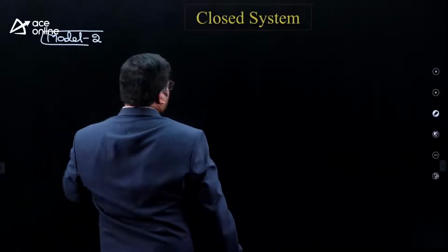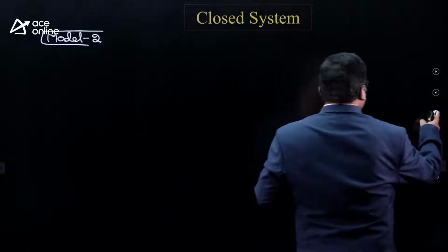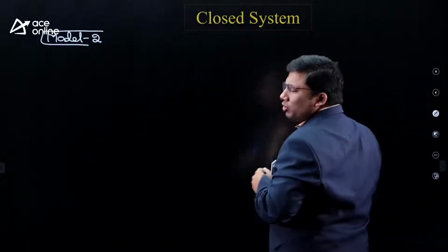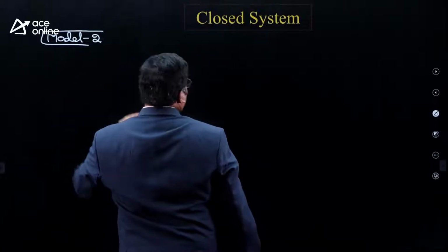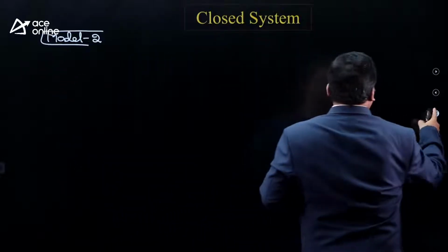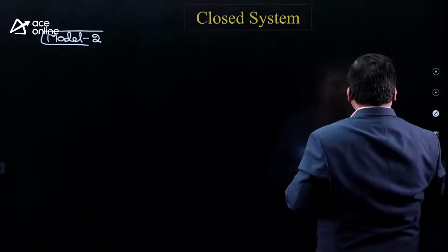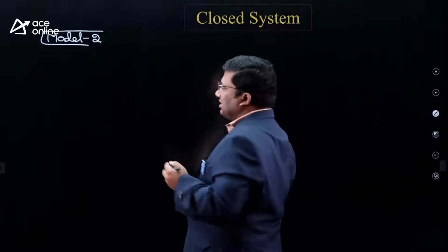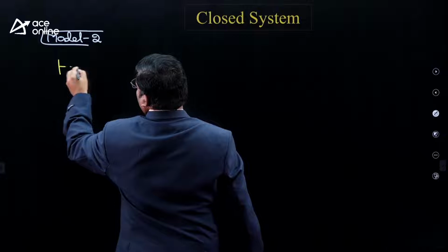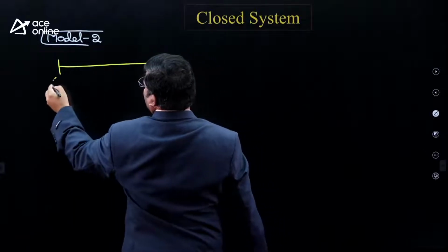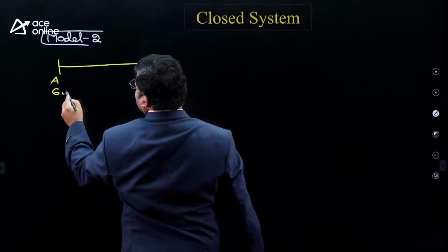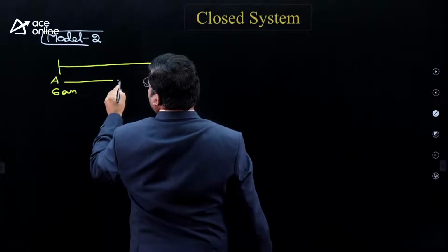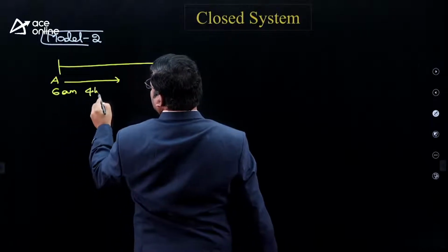Suppose there are two stations, station A and station B. Again, two questions we will discuss. The first train starts at 6 a.m. and travels for 4 hours.